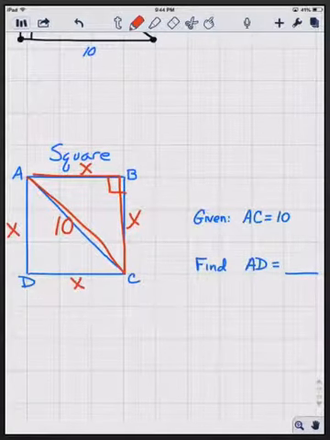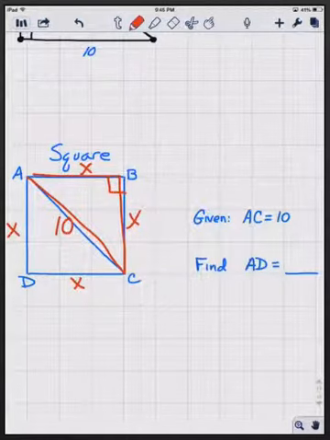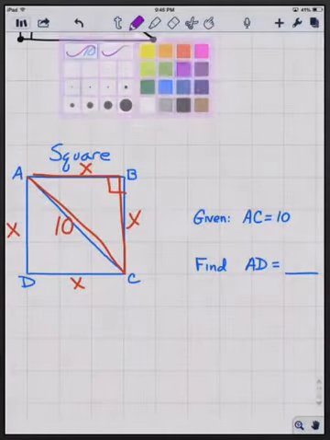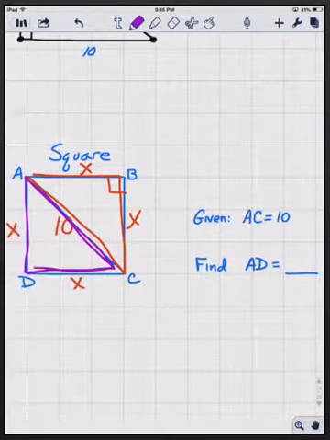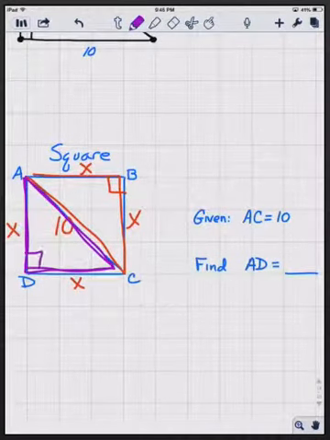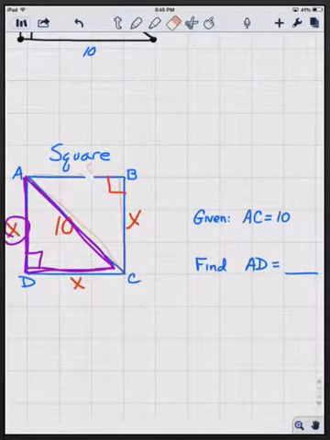So you can look at either of the two right triangles that you want. You can either look at this red triangle, or you could look at, say, this purple triangle. Doesn't matter which one. Technically it said to find the distance from A to D, so why don't we look at the purple triangle. So we'll get rid of this other one.